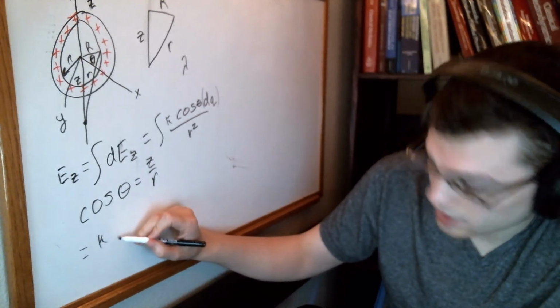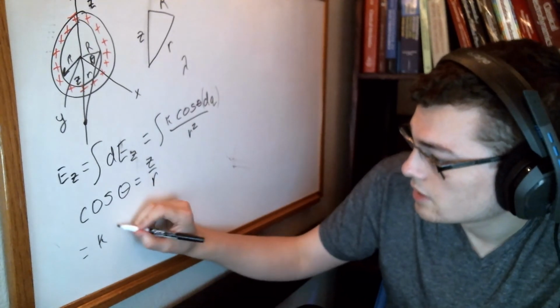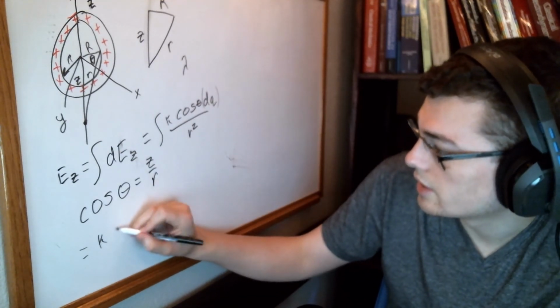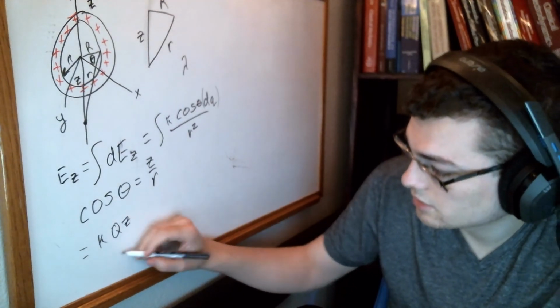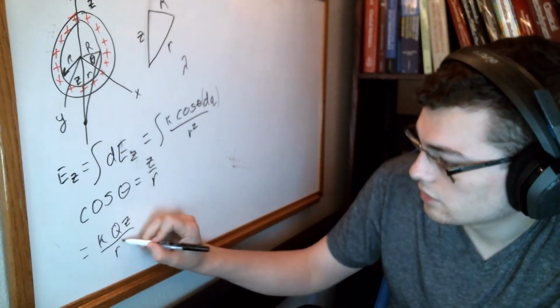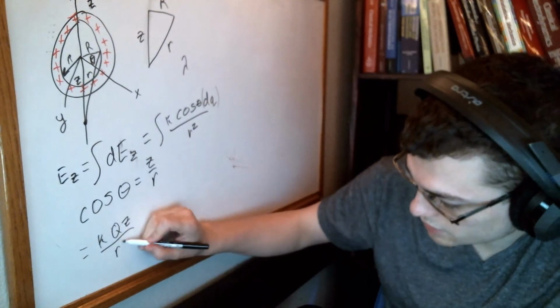So this will be k cosine theta, but we know that cosine theta is going to be equal to z over r. And so then that's going to give us kqz over r cubed here. R cubed, not r squared.